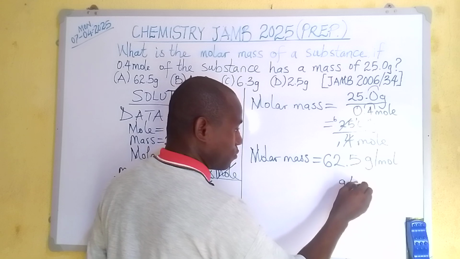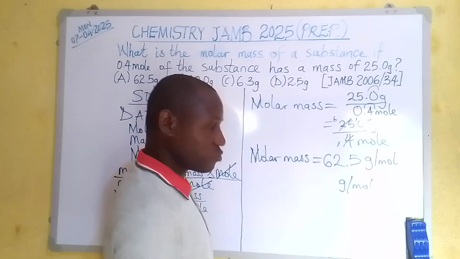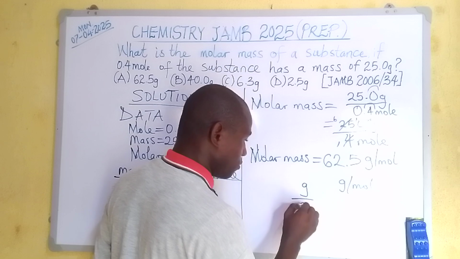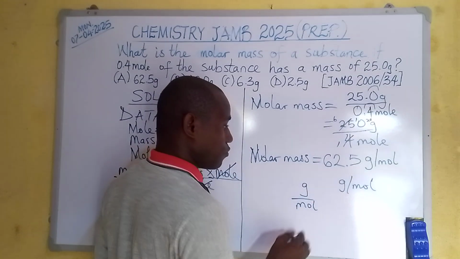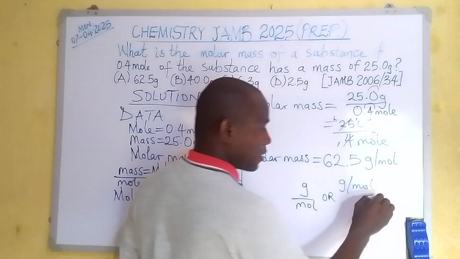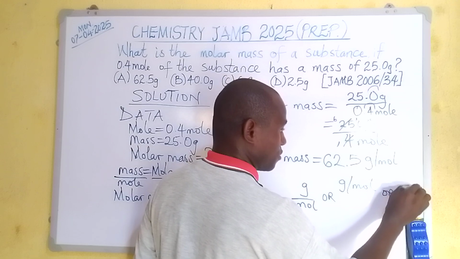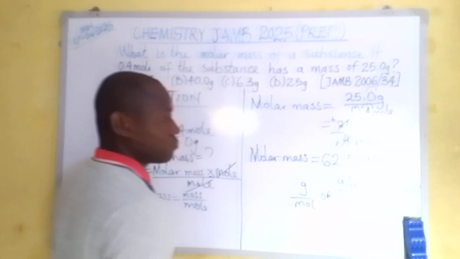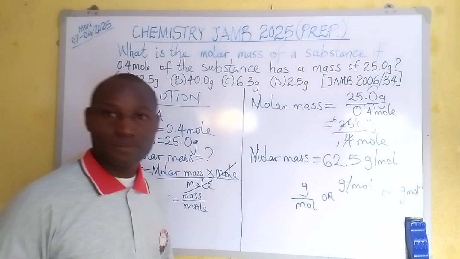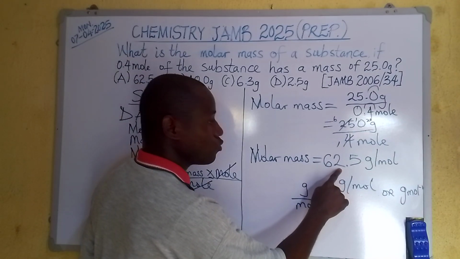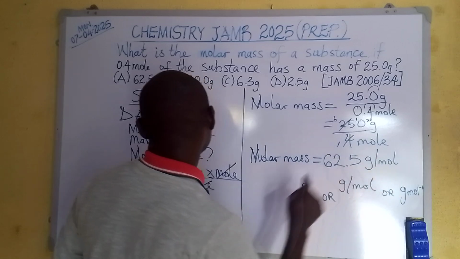You can also write it as grams per mole, just as you have seen it here, or if you like, you can write it grams per mole. Now, when we look at this, we are having 62.5 grams per mole.